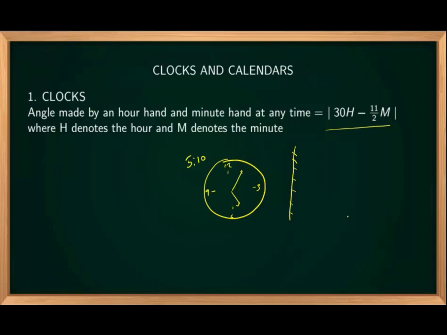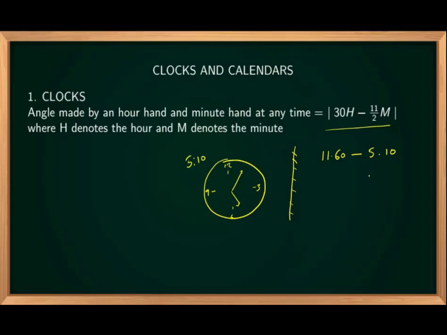For this, in order to avoid confusion, you can use one equation to find the mirror image: 11 hours 60 minutes minus the given time, that is here 5:10. So the mirror image will be the difference of 11:60 and 5:10.